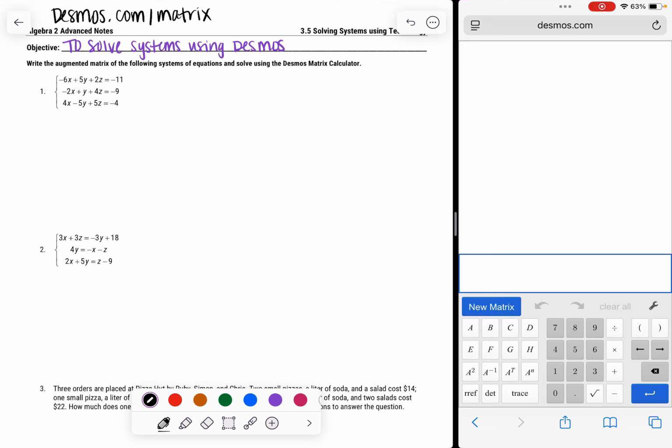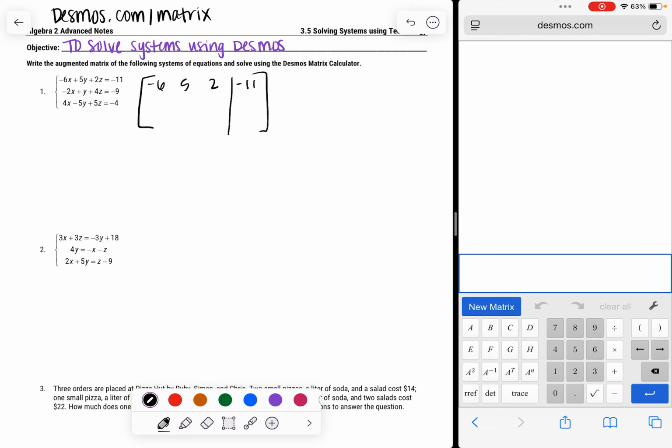So let's start off with just regular system problems. The first thing I'm going to do is write my augmented matrix. Now remember, that is just the matrix of the X, Y, Z values and the answer values. In this case, I have 3 rows and I'm going to have 4 columns. So I'm going to write out -6, 5, 2, and if you want to, you can draw the line.